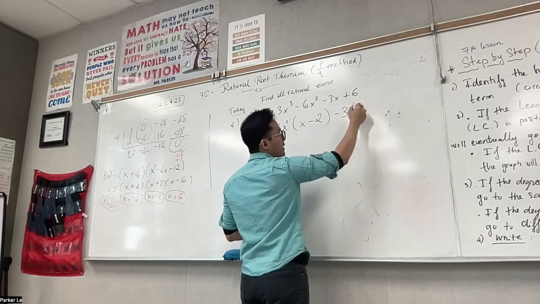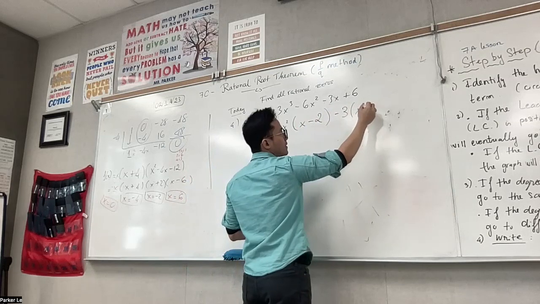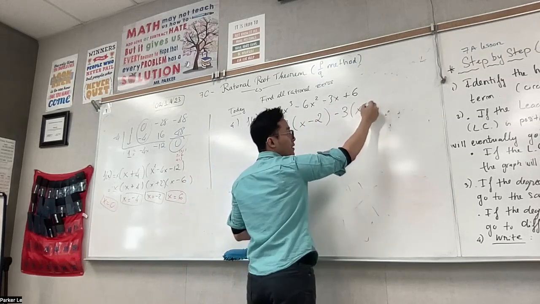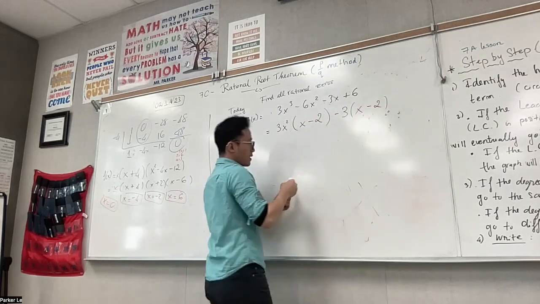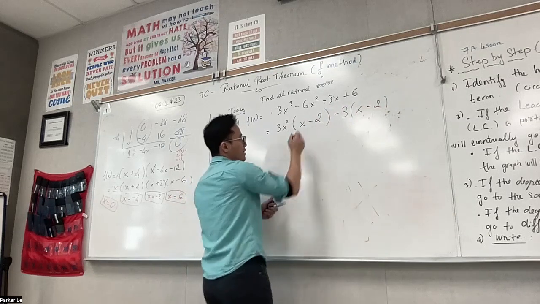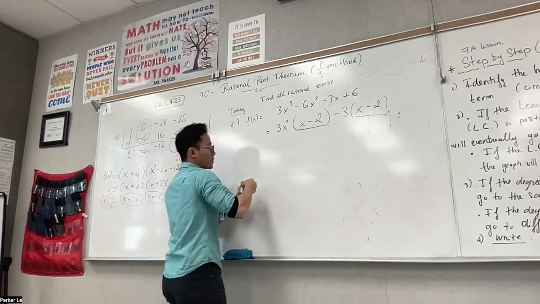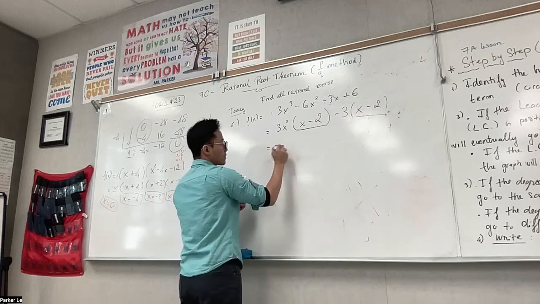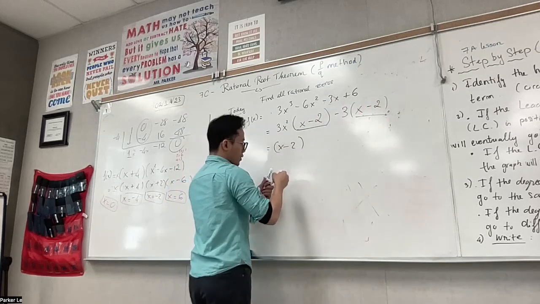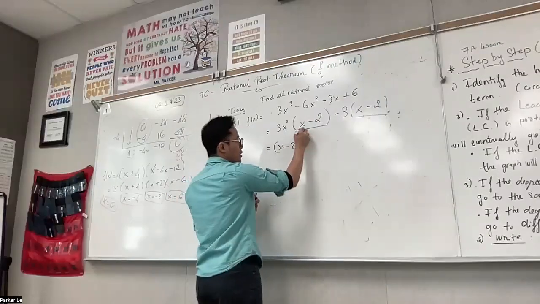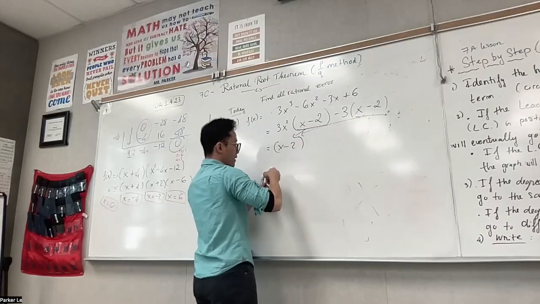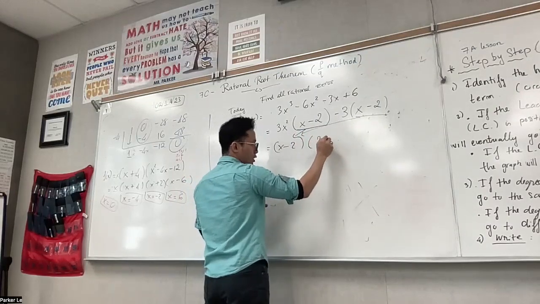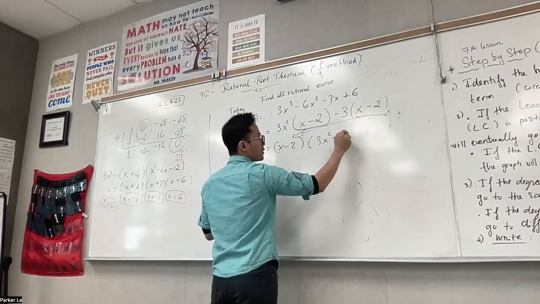What do we have left? Negative 2. Yes. So the common factor is x minus 2. I took out the common factor x minus 2. What do we have left? 3x squared minus 3.